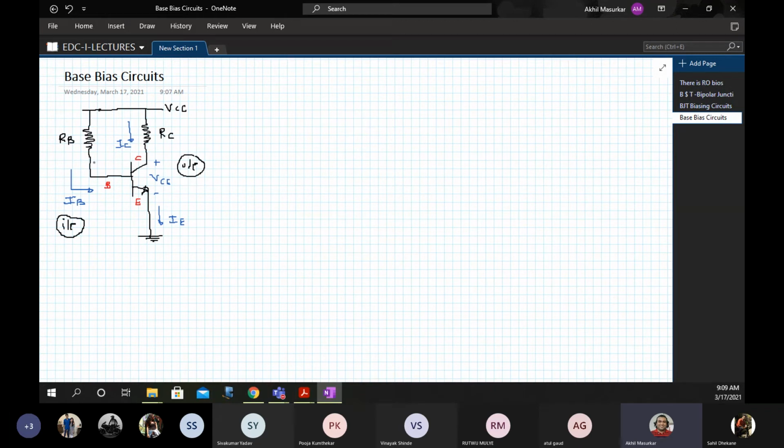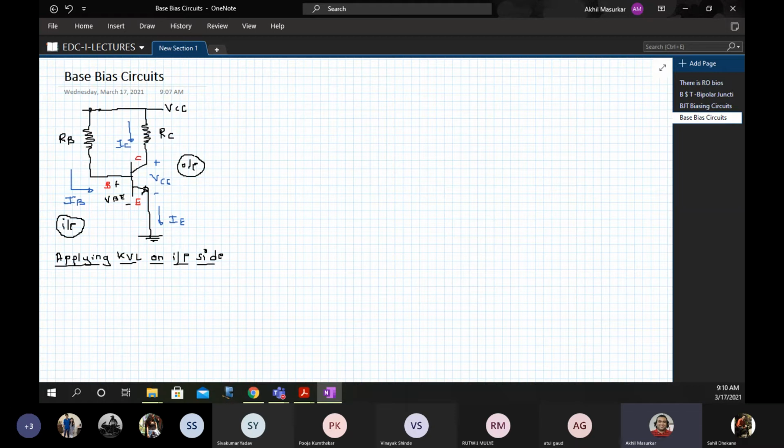So now I am applying KVL on the input side. Here this voltage is VBE, and VBE is almost equal to 0.7 volts because the base emitter junction is forward biased, and for typical concentrations of Na and Nd we have seen that it comes to around 0.7. So first step is applying KVL on input side.